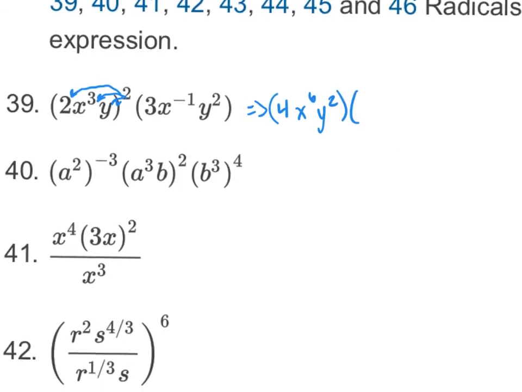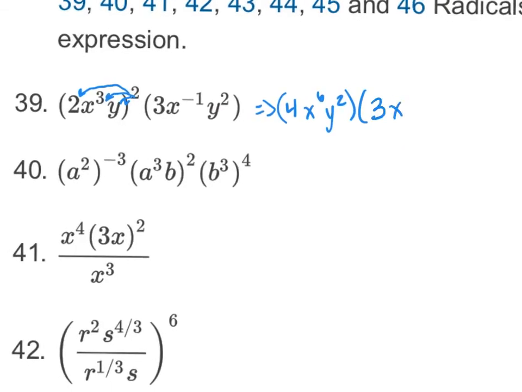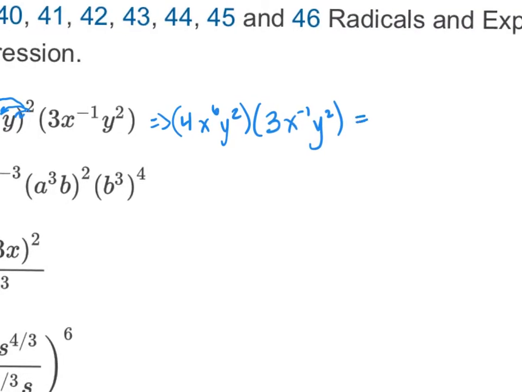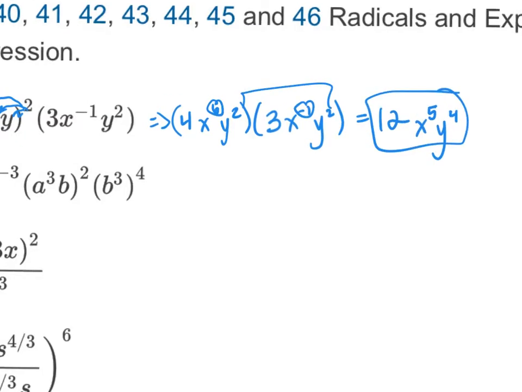And then I have my second parenthesis of 3x to the negative 1, y squared. And now we just simplify. Multiply the numbers. 3 times 4 is 12. I have x times x, same base that I'm multiplying, so I'm going to add the exponents, so 6 and negative 1 gives me 5. And then I have y's, same base, so I add the exponents, so 2 plus 2 is 4.